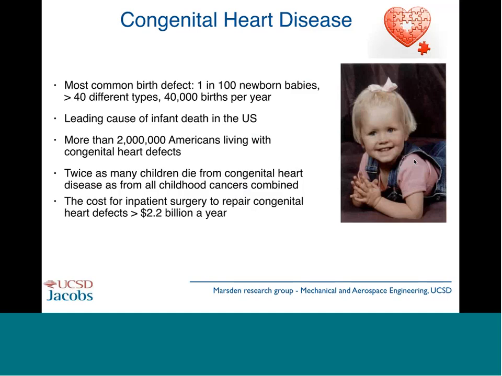It's a very heterogeneous population of patients with over 40 different types of diagnoses for different types of congenital heart diseases, and totaling about 40,000 births per year in the U.S. Congenital heart disease continues to be the leading cause of infant death in the U.S., and there's actually a growing population of adults now living with these conditions. As we get better and better at treating congenital heart diseases in infancy and childhood, those patients are now growing into adulthood, and there are more than 2 million Americans now living with some form of congenital heart defect.